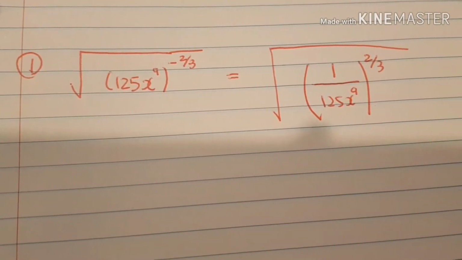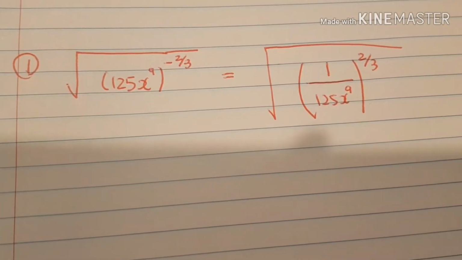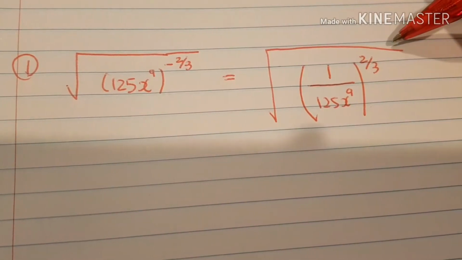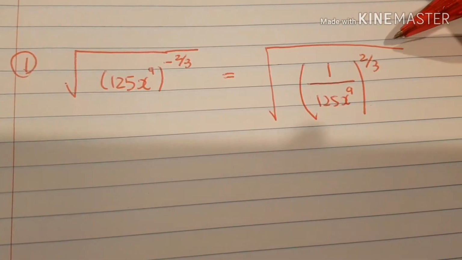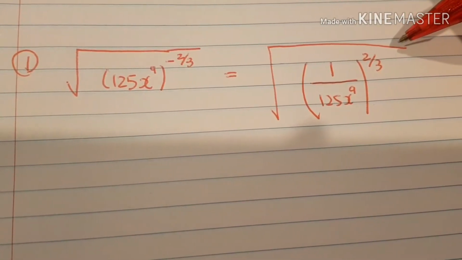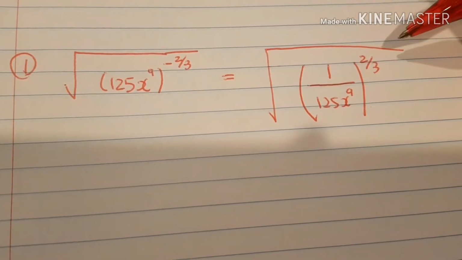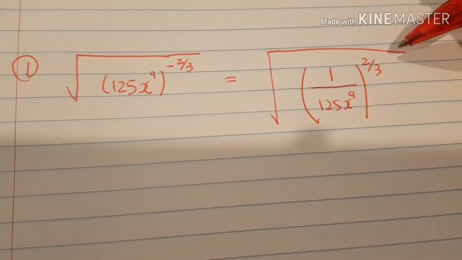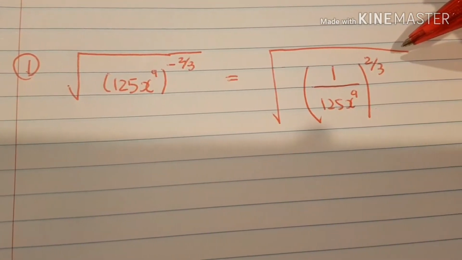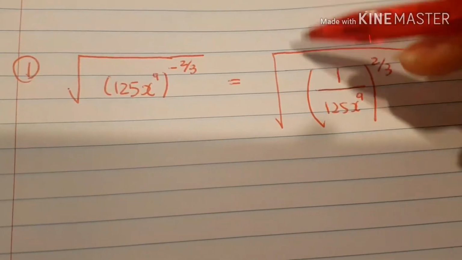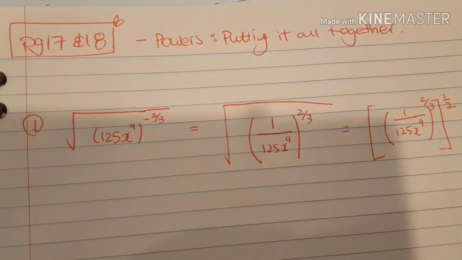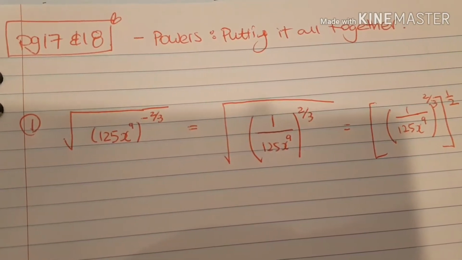Right, then what's next? I have the square root. How would I change it into power form? The square root will be to the power of a half, okay? So I can make a bigger bracket and make it like this.